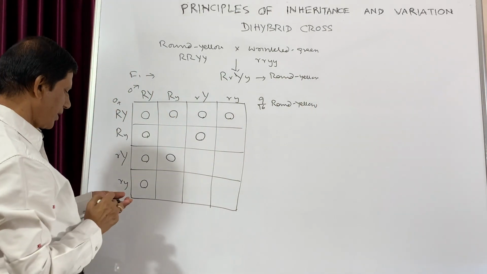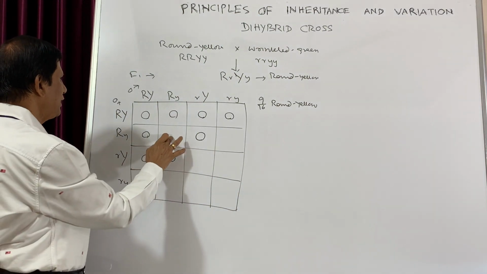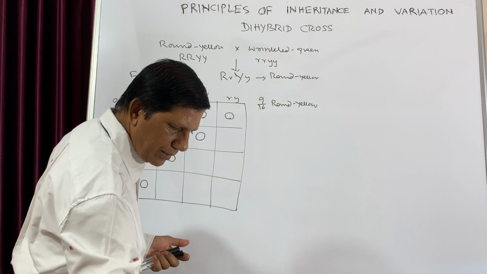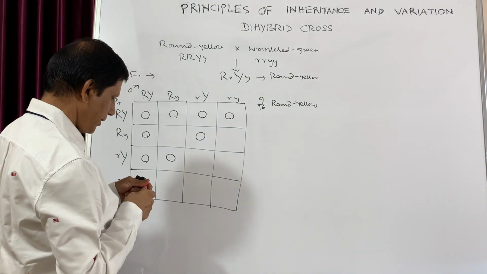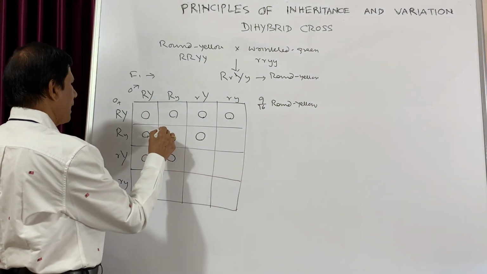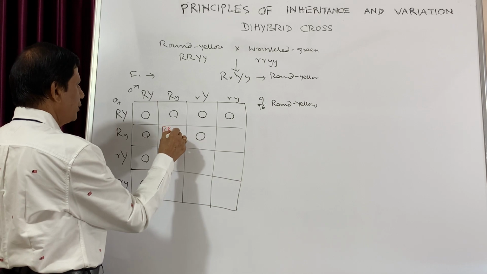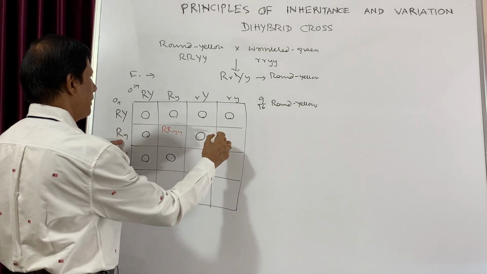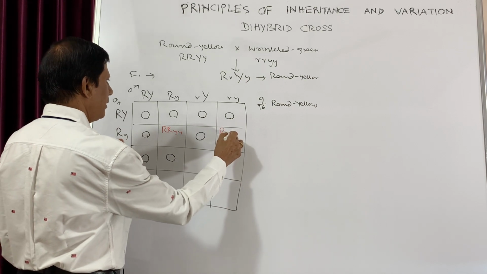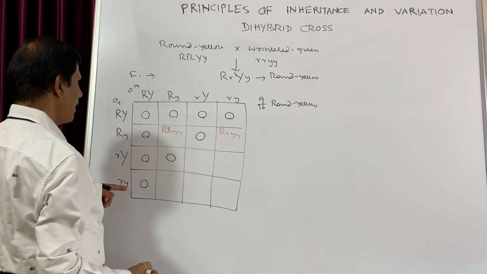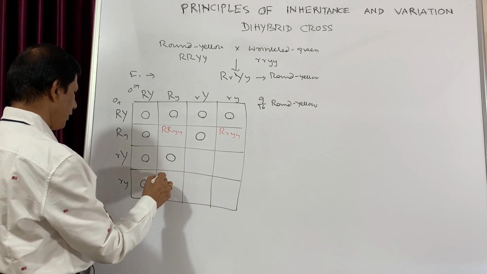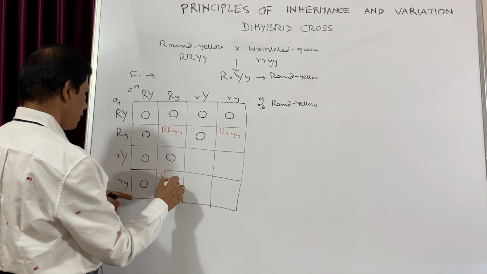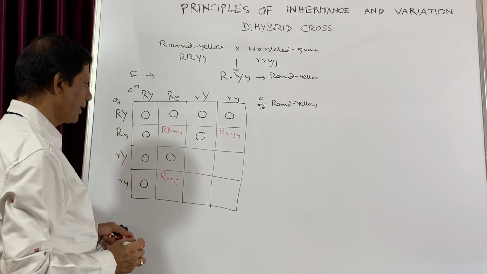Then you see what is happening at this place. At this place it will be capital R, small y, small y. Similarly, at this place it will be capital R, small y, small y. And at this place it will be capital R, small y, small y.